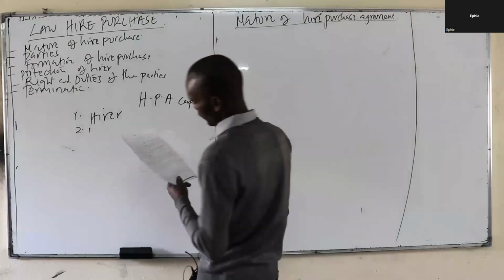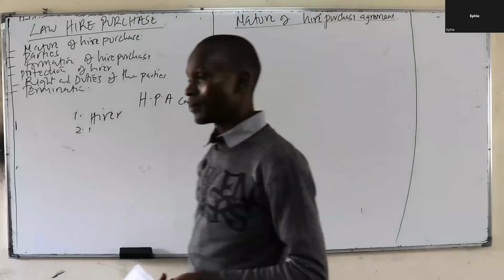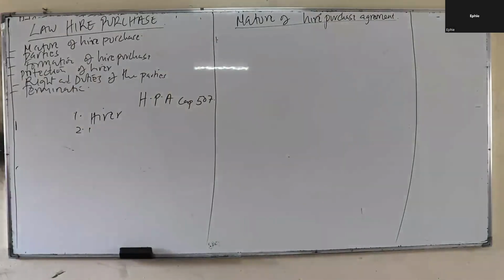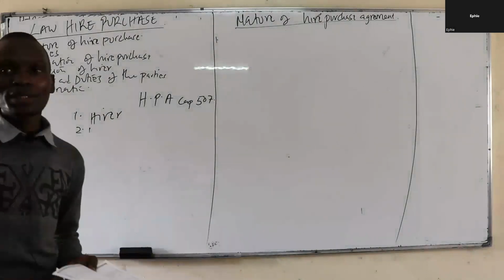Number one, a hire purchase agreement is an agreement of payment of goods under which the bailee may buy the goods.